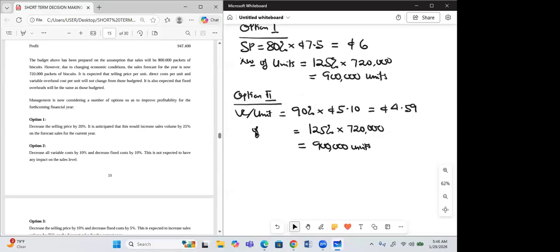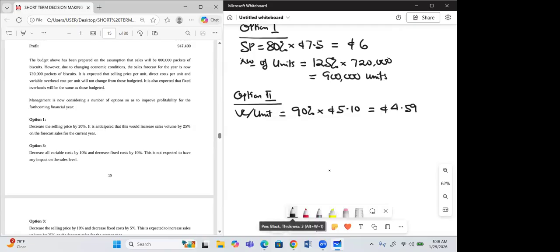Decrease fixed cost by 10%. What was the old fixed cost? 972,600.